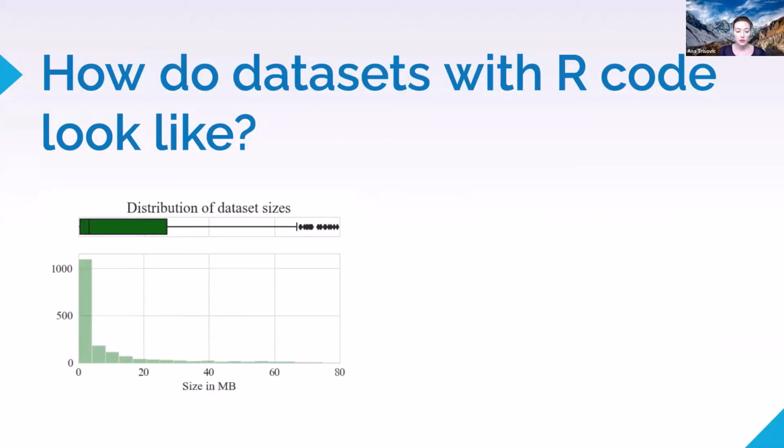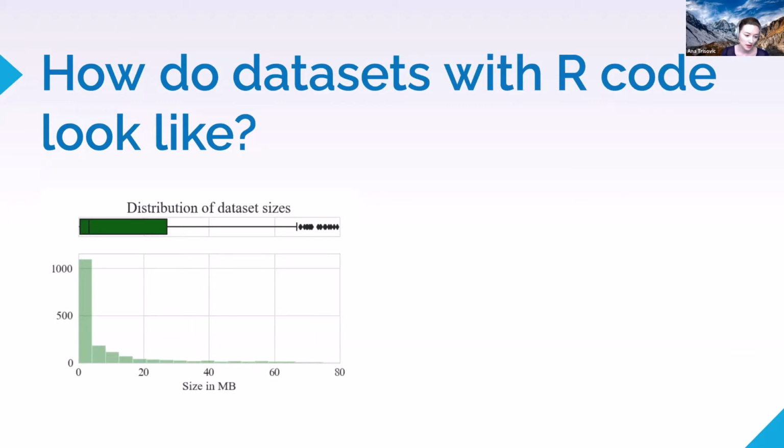So what do we find out when we look at all of these more than 2,000 data sets? So these bundles of data and code. What is a typical size? This is how the distribution of dataset sizes looks.